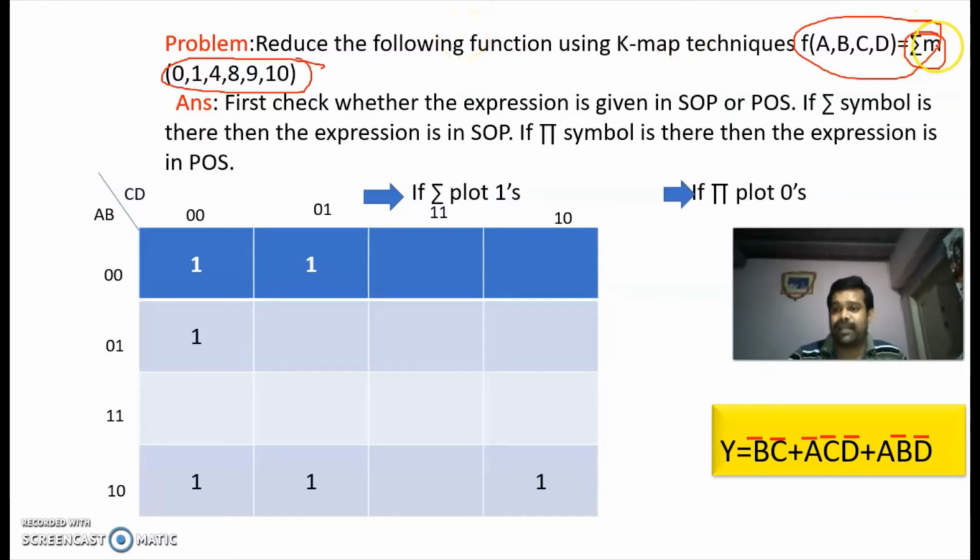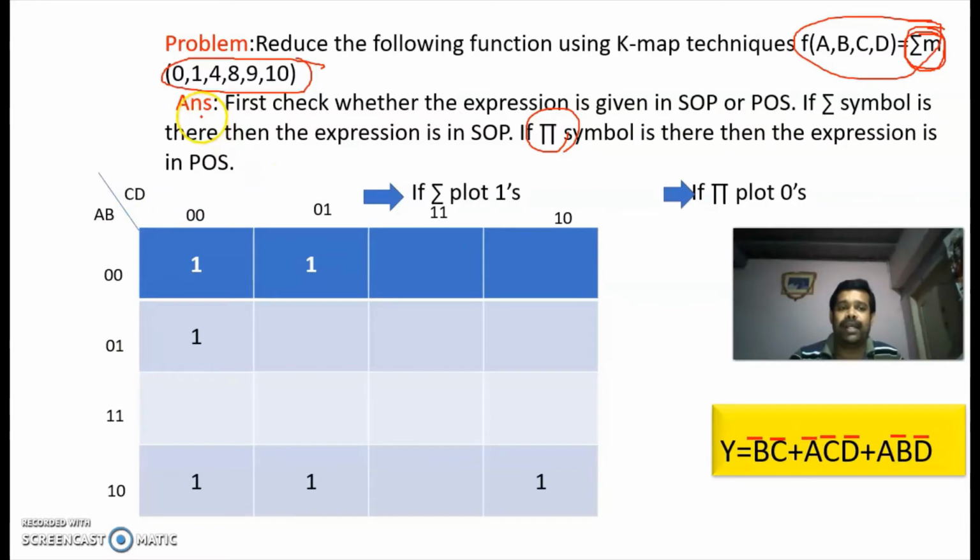So since the function is given in SOP, we have to plot once. Since we are having a summation here, it is in SOP. So you have to plot 1. So if it is in POS, we will be having pi symbol. You have to plot 0.